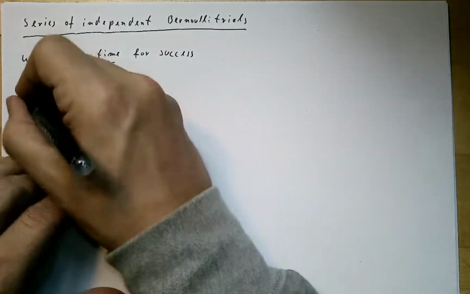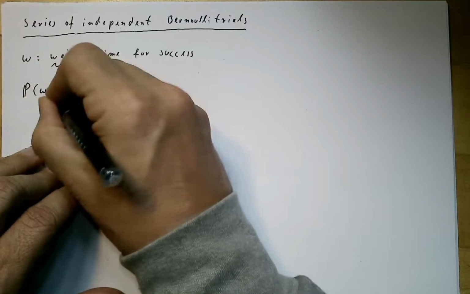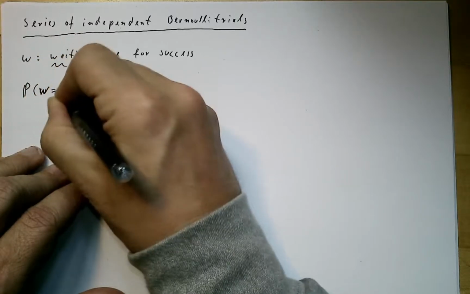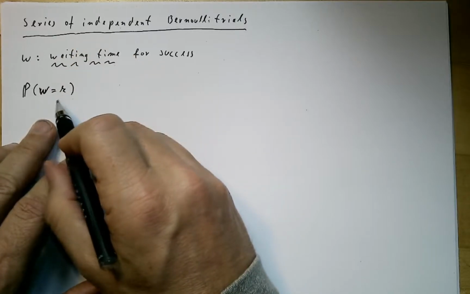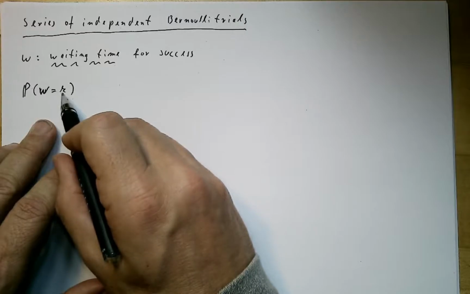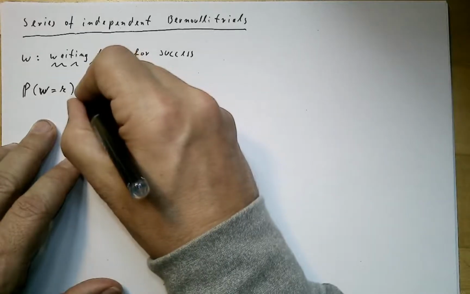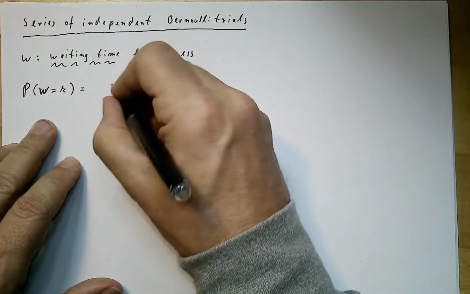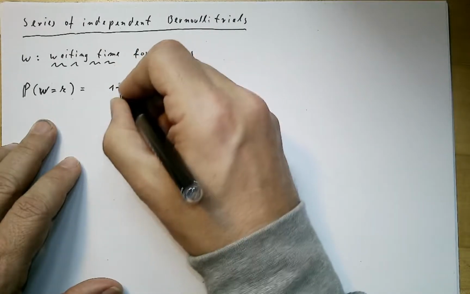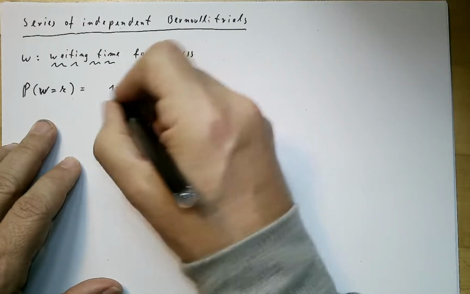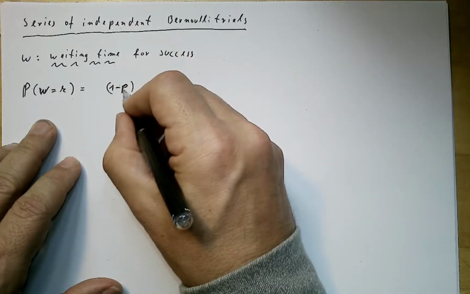And so what is the probability that our waiting time equals k? This means we have to throw our coin exactly k times until we have success for the first time. So we get this: k minus 1 times we don't have success. No success is the probability to have 0, so that's 1 minus p.